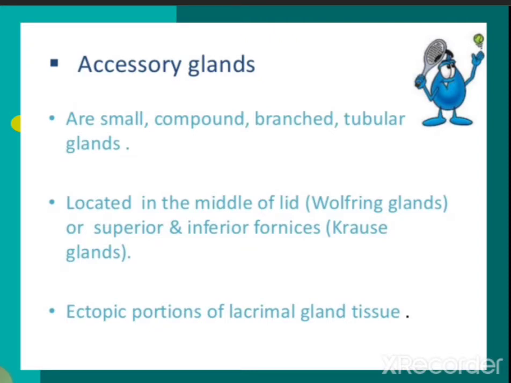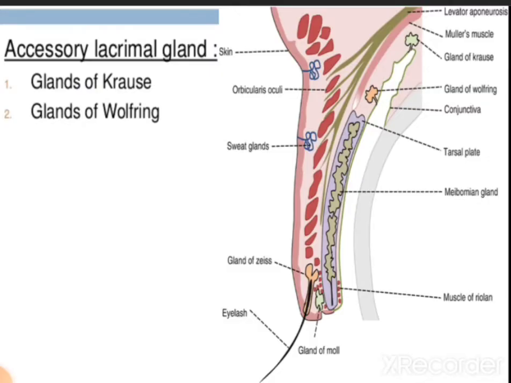Then the ectopic portions of the lacrimal gland tissue, these are the accessory lacrimal glands. There are two accessory lacrimal glands, glands of Krause and glands of Wolfring. So here we can see the glands of Krause and the glands of Wolfring. These are the two accessory lacrimal glands.